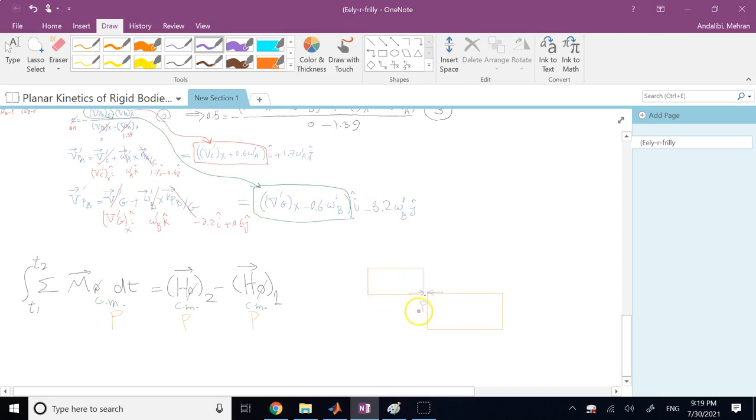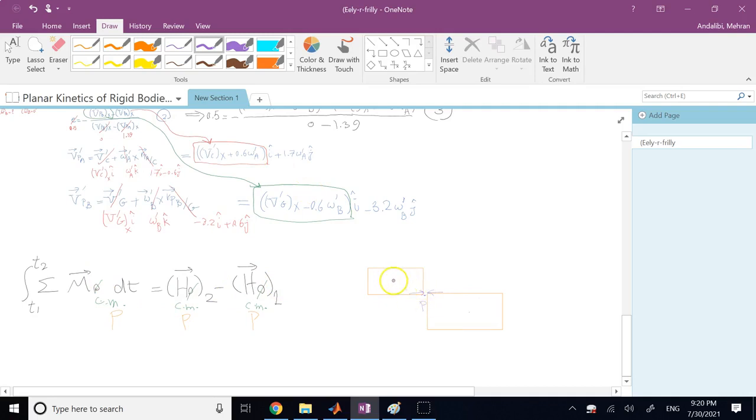Since they are equal, the total moment of those two forces with respect to P is also 0. So there will be no total moment in any of the objects with respect to point P. Whatever the right-hand side is, it's equal to 0. And if we write it one time for object A, one time for object B, that gives us the two extra equations that we need here.